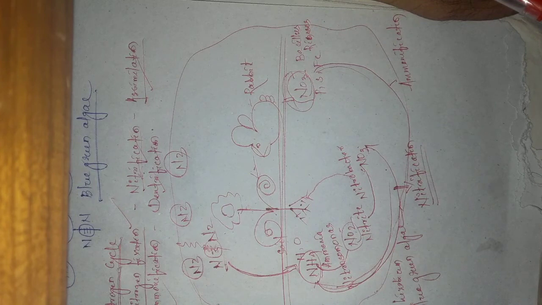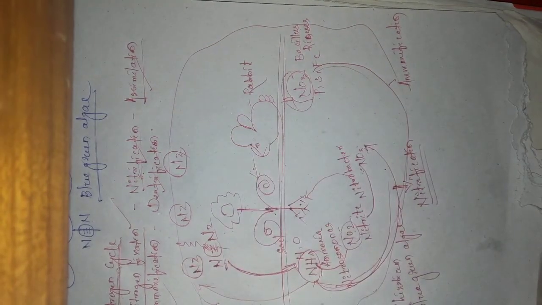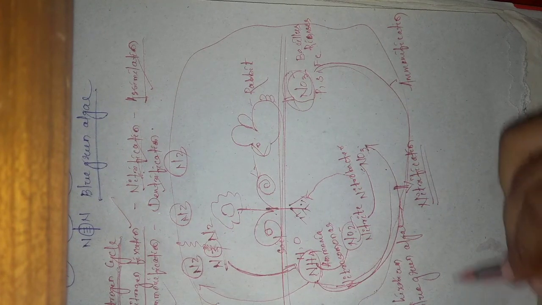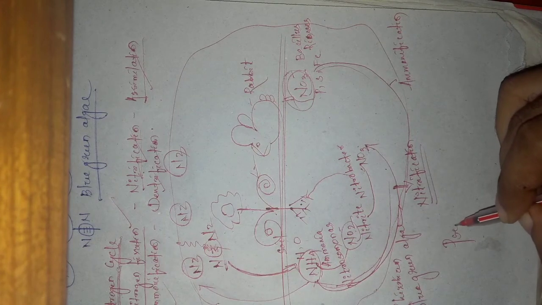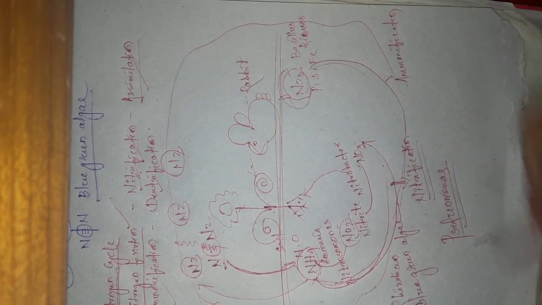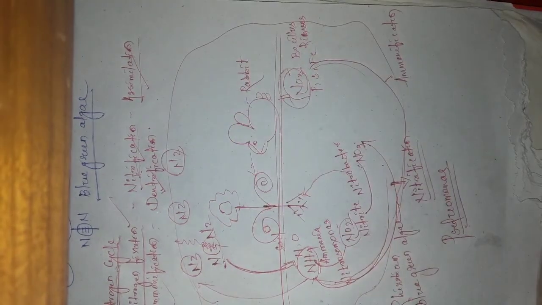Denitrification is a process in which nitrogen compounds are converted into nitrogen gas, which is released back into the atmosphere by certain bacteria. That bacteria is known as Pseudomonas. That is known as denitrification.